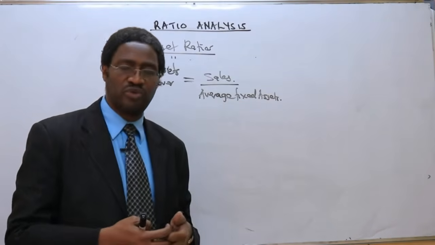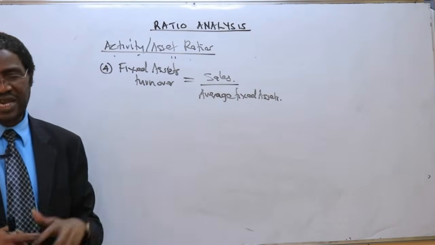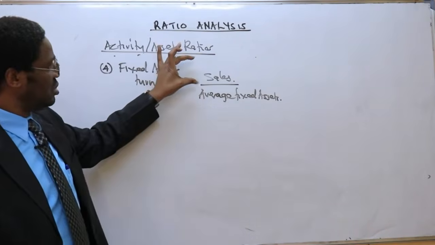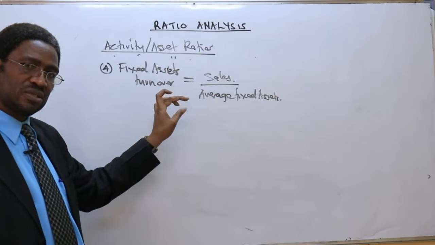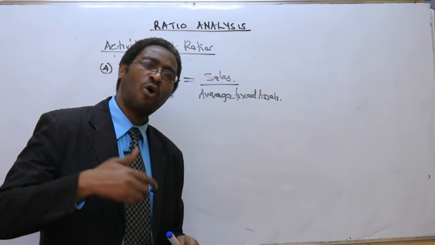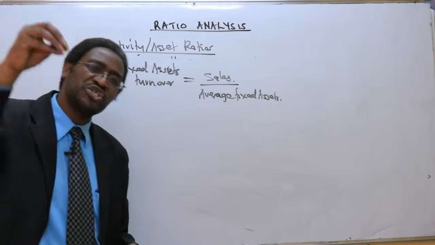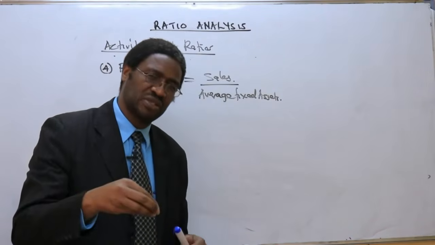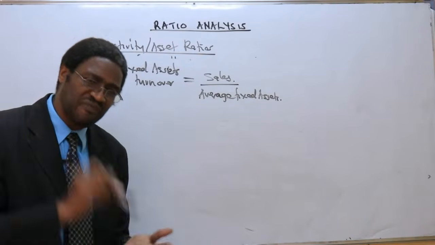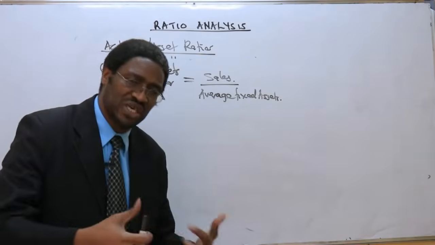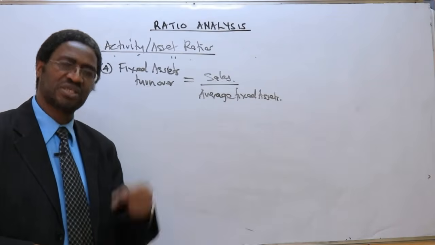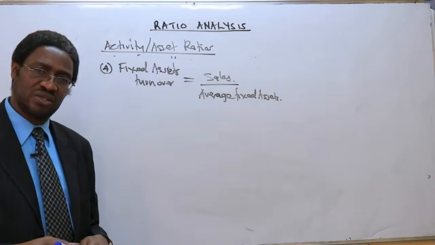Now, this ratio tells you as a company, for every shilling invested in the business as a fixed asset, how much is that 1 shilling able to generate as sales?